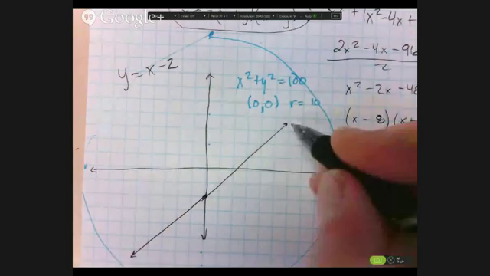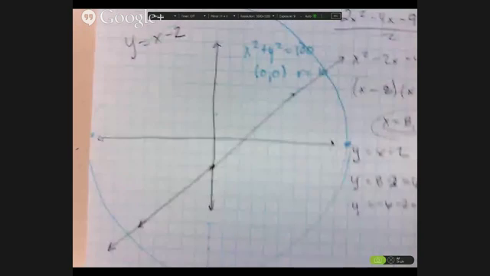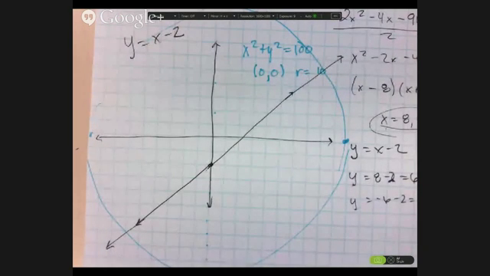Are you okay with the graphs? If you check your points of intersection, they pretty much jive with our answers. Actually, one of them is dead on.